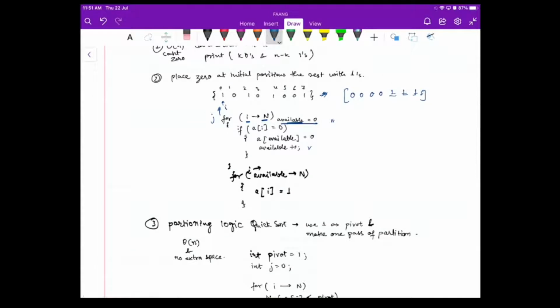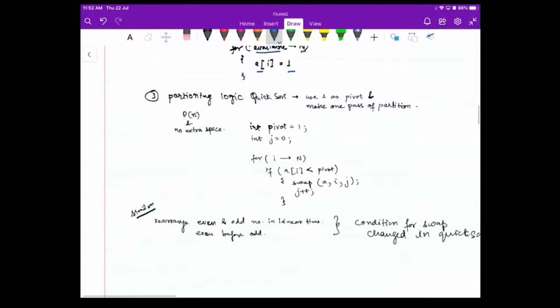So up till this point, let's say there are 4 zeros. j's position would be here, and we have iterated through n, but there are no more zeros. Now we iterate from the available position j to n and fill all the elements in the array with 1. So that is one of the methods.